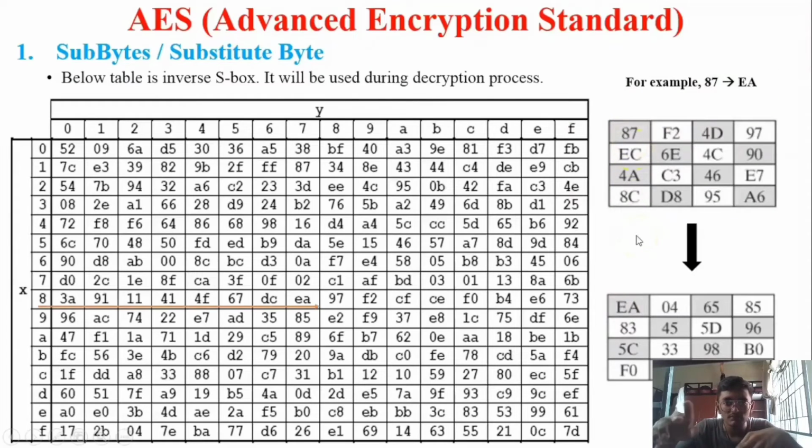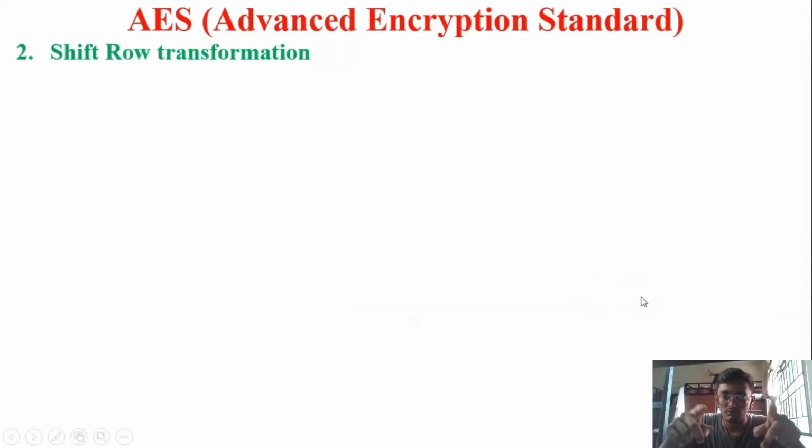This is a row of the inverse S box. Here the leftmost digit is 8, and this is 7, the rightmost digit. Now it intersects at EA. So I have put EA here. So this is the inverse S box.